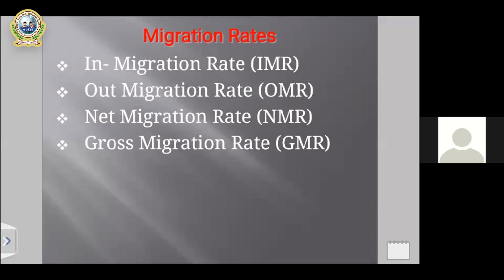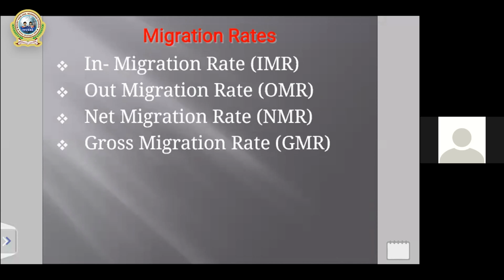While we started this unit, we already discussed that there are three factors that change the size of population: birth, death, and migration. That means they increase or decrease the number of population in a certain place.